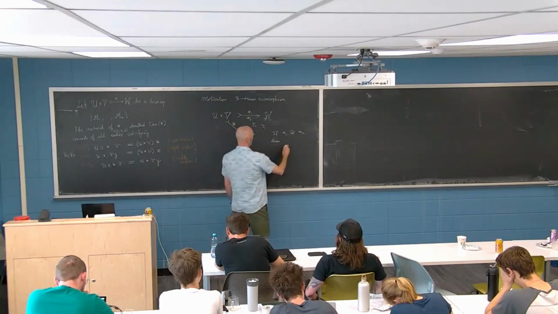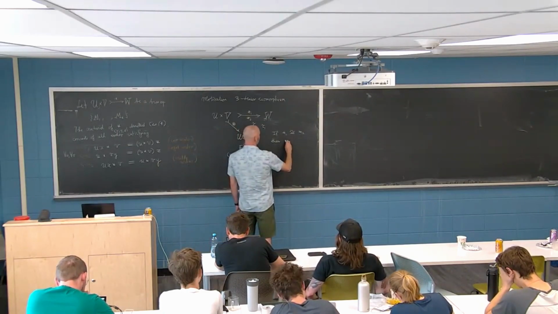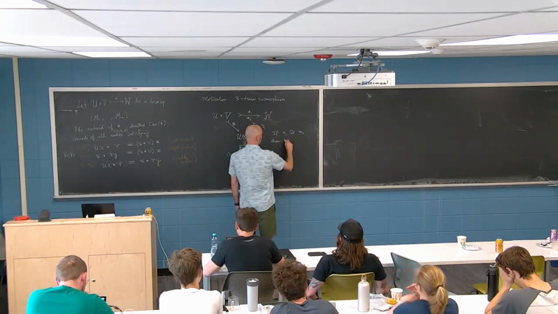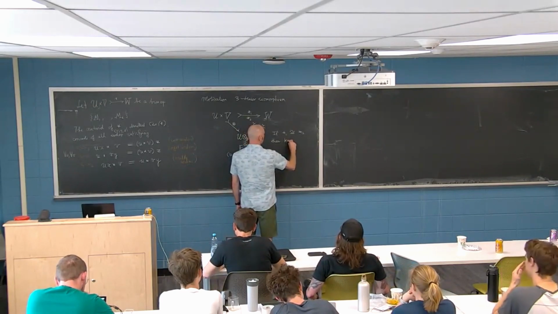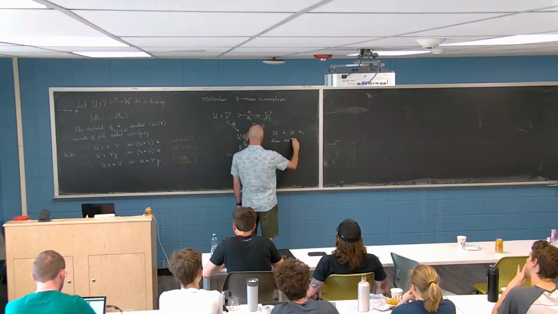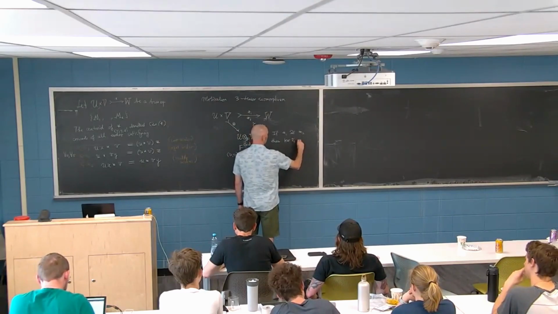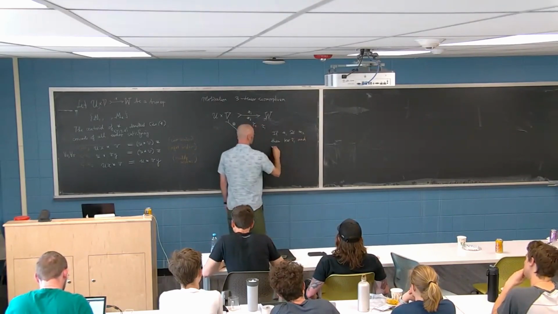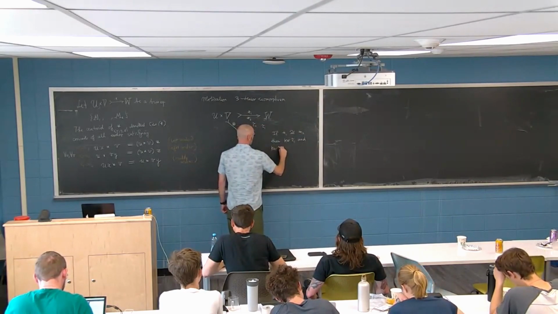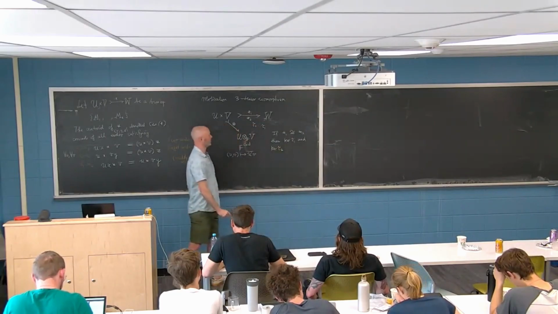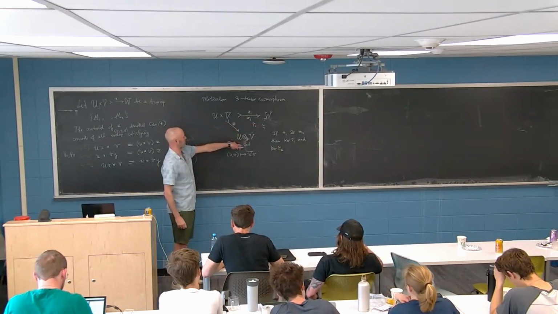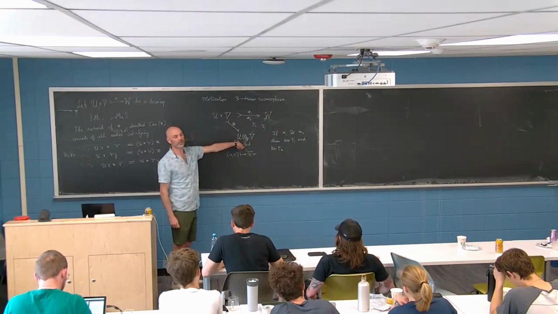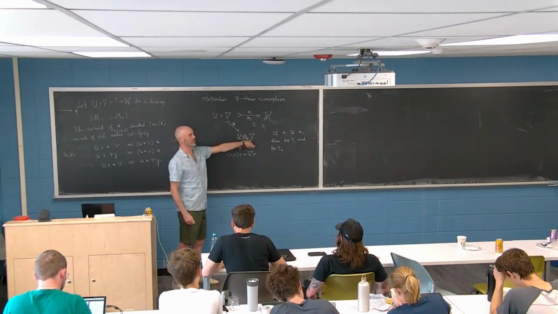So the kernel of tau 1 and the kernel of tau 2, these two kernels, are not necessarily equal, but we do have this action of the group GLU cross GLV on this space, right?